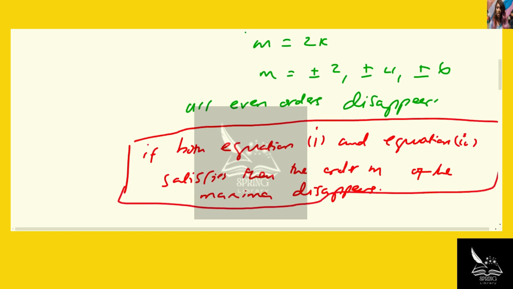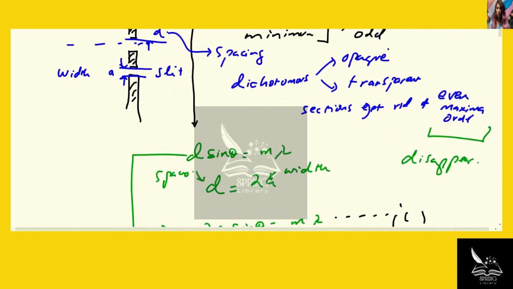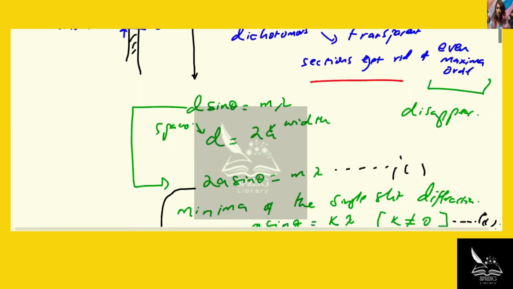So once again, just going back, the goal of the problem was to check that if you have alternate sections on the diffraction grating, or alternate strips, if you want to call them alternate strips on the diffraction grating, then we want to see if they're going to get rid of the even maxima order.